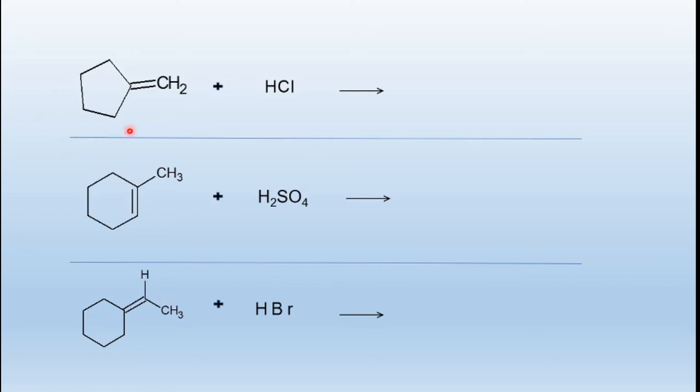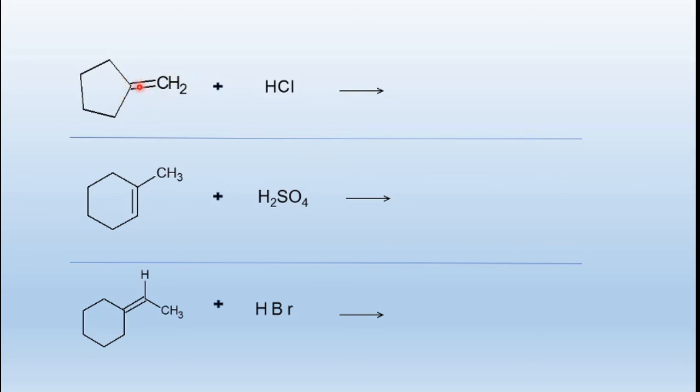So this is your reactant and you have your reagent as HCl. The negative part of the reagent is chloride. So again, if you see here, these are your unsaturated carbons. This carbon has 2 hydrogens on it, and here there is no hydrogen on it.